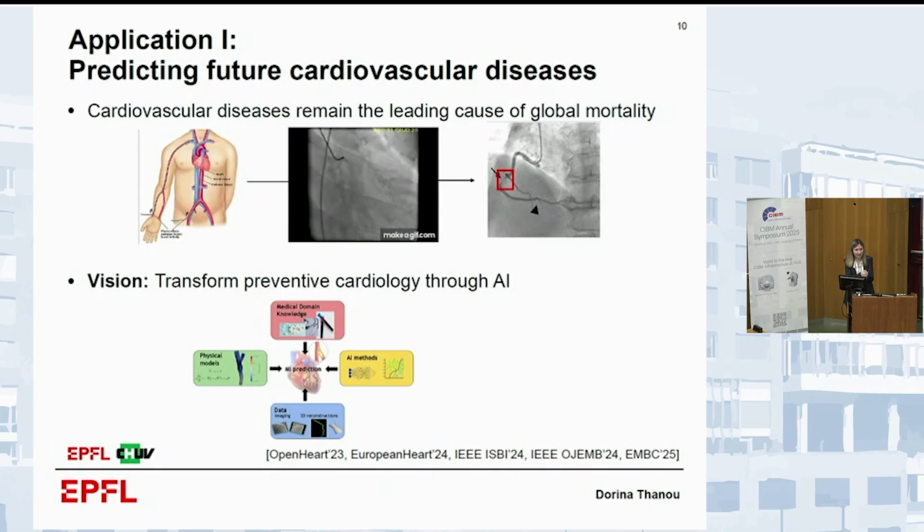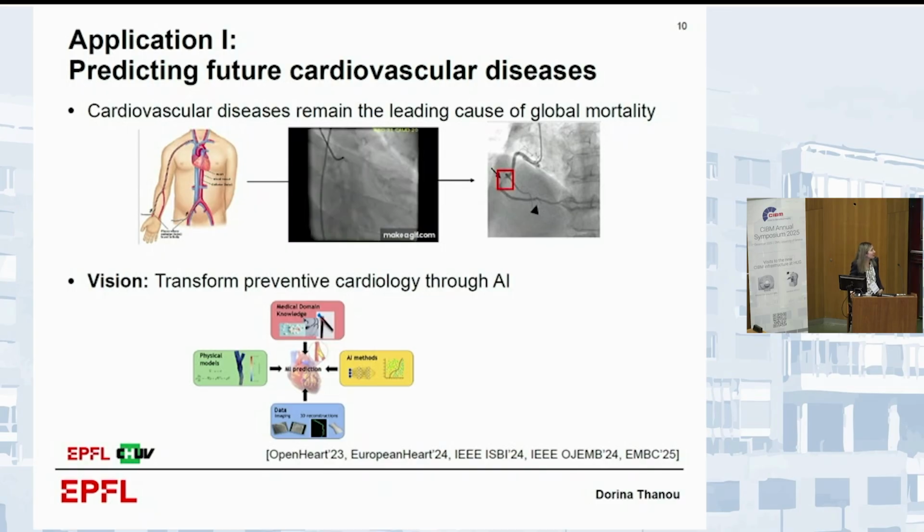I'm oversimplifying things, but typically a clinician will see if there is a narrowing, a stenosis, quantify that narrowing, and decide if it should be treated or not. So the diameter of that stenosis is a clinical indicator that is used in practice for cardiovascular diseases.